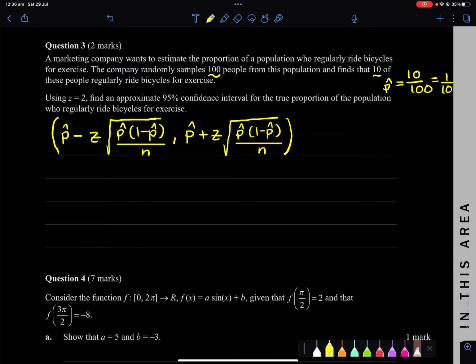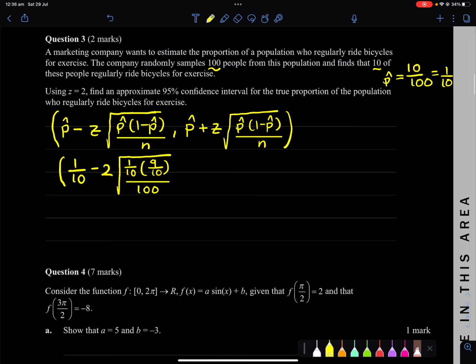So we can say 1 over 10 minus, our Z is 2, the square root of P hat, which is still 1 over 10, times 1 minus P hat, which is 9 over 10, all over n, which is 100.